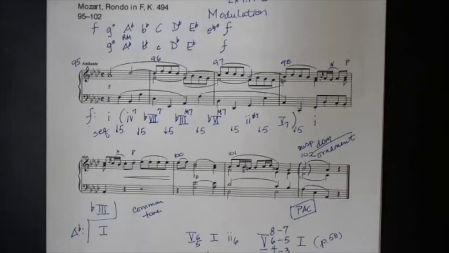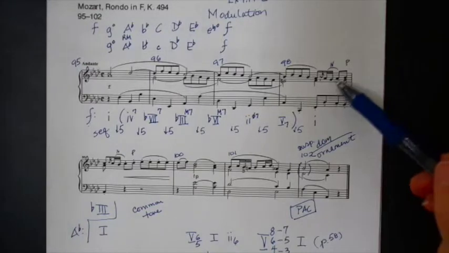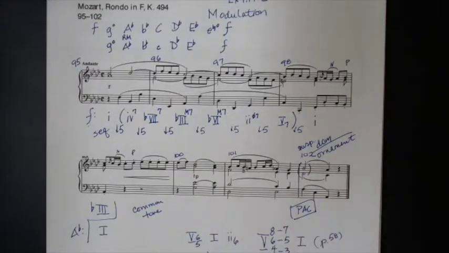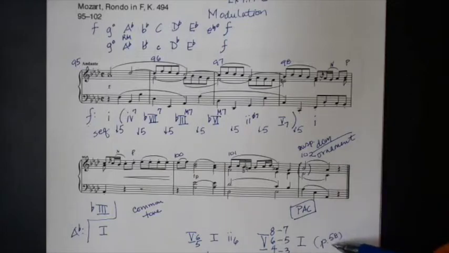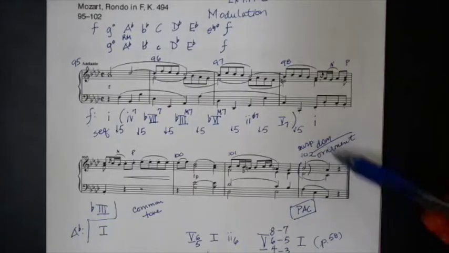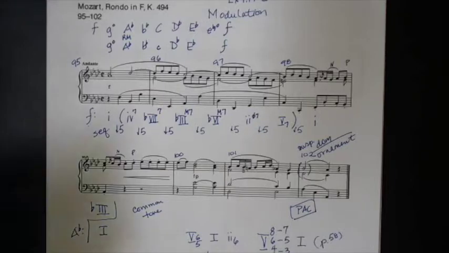A weakness would be to call it a pivot modulation. When you've got the sequence and you've got the common tone, those are stronger. We have a modulation to the relative major of A flat major. Complete cadential progression. The moment of cadential arrival is the downbeat of measure 102, so it is an ornamented arrival at that perfect authentic cadence.